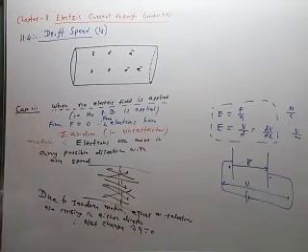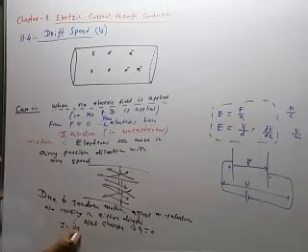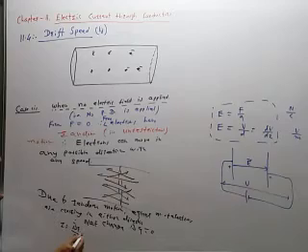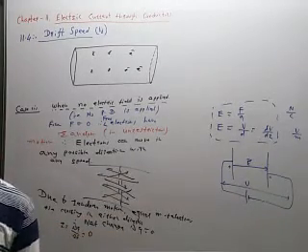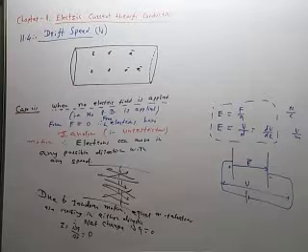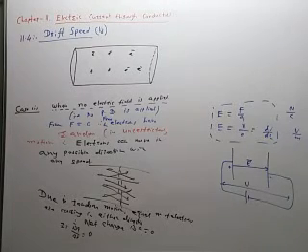Net charge flowing through any cross section is equal to 0, and therefore current, given by delta Q by delta t, is 0. So without an electric field we cannot get the current.